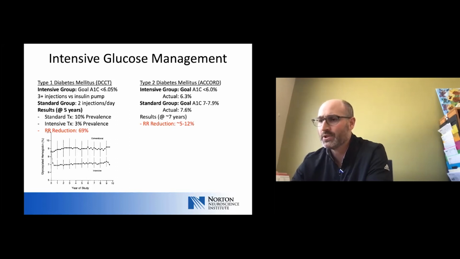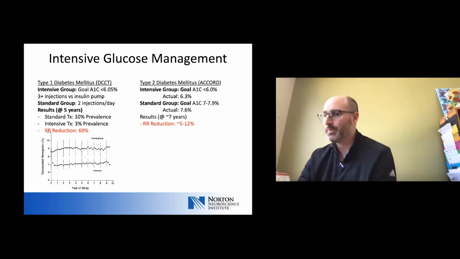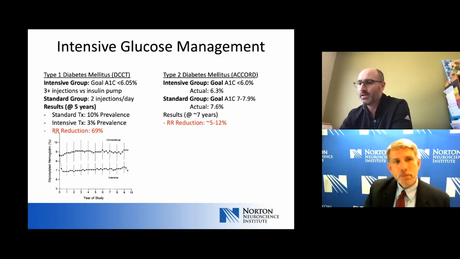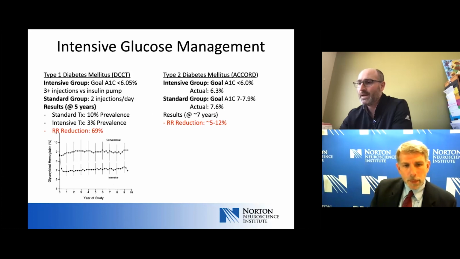Without going into too much detail, the standard therapy group basically received a regimen of 2 insulin injections per day, whereas the intensive group had 3 or more injections per day versus an insulin pump. There were several indices or criteria they were looking at to adjust the administration, but basically the A1C goal in that intensive group was going to be below 6.05.